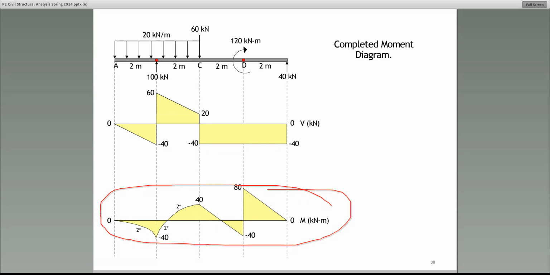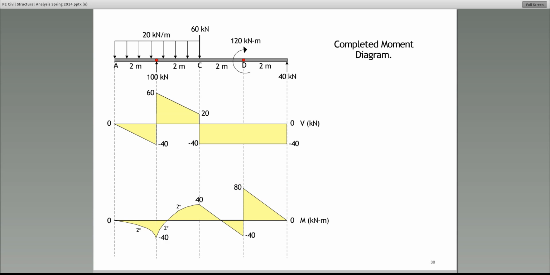All right, now let me see if I can get rid of this. If I can erase this, it would be good. All right. Now, for the sake of discussion, everybody, don't change this, but for the sake of discussion, let's say, and this is something that you might see on the test, I give you a moment diagram, and instead of this being minus 40, for some reason, let's say it's minus 120 kilonewton meter.